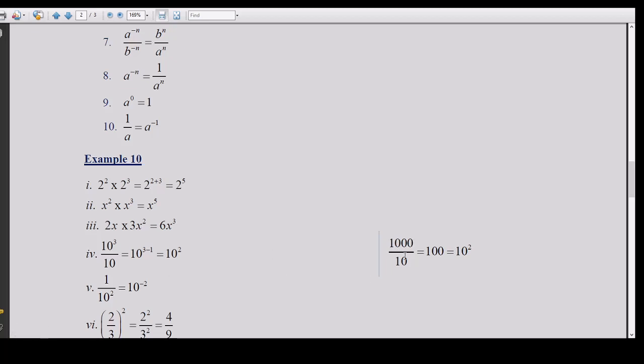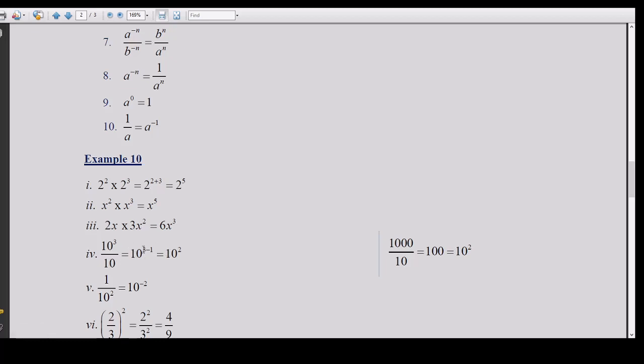If you divide by 10, you cancel 10 from the numerator and 10 from the denominator, you will have 100. 100 can be written as 10 squared, isn't it? But instead of doing this, we'll just remember the law of exponents, that a^m divided by a^n is called a^(m-n).